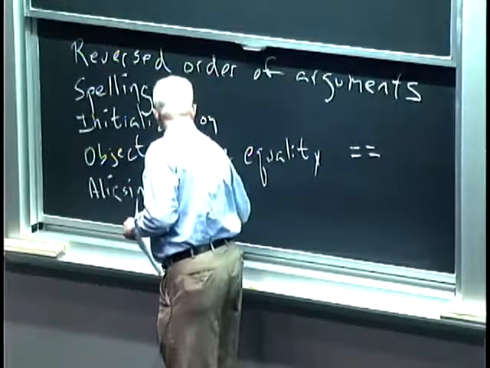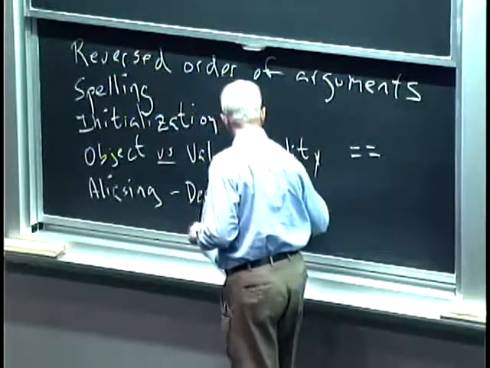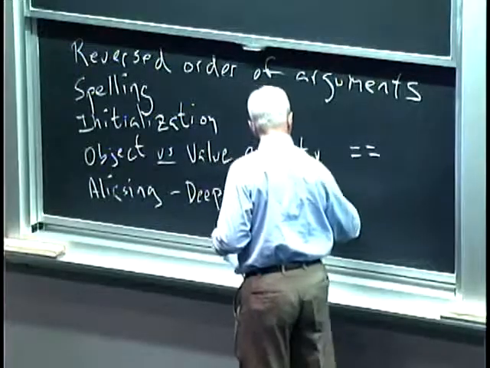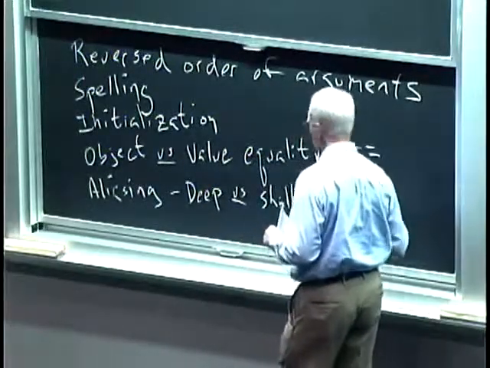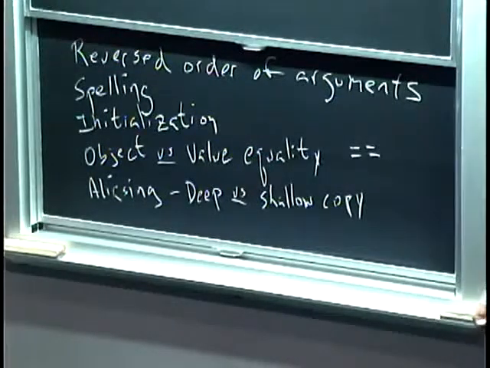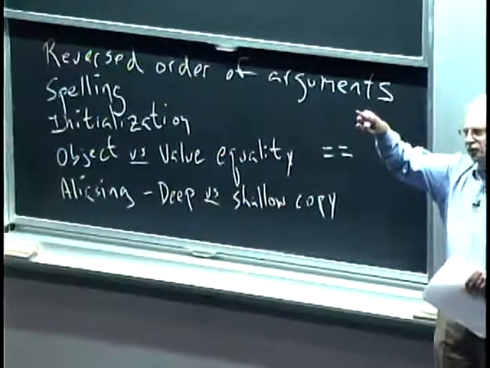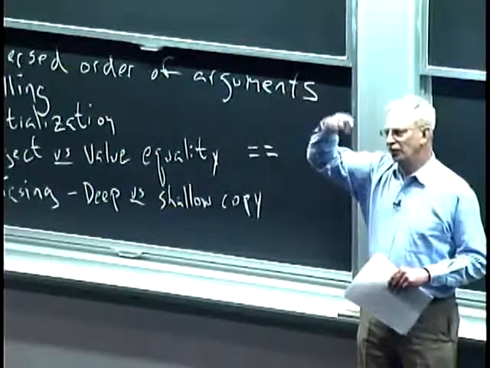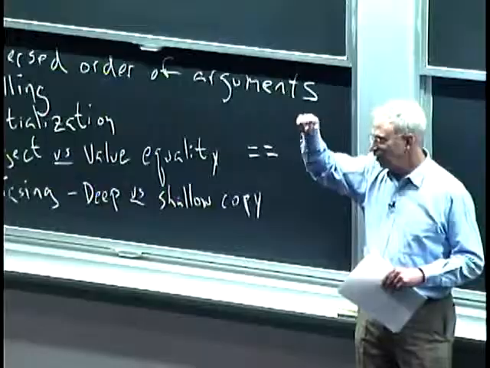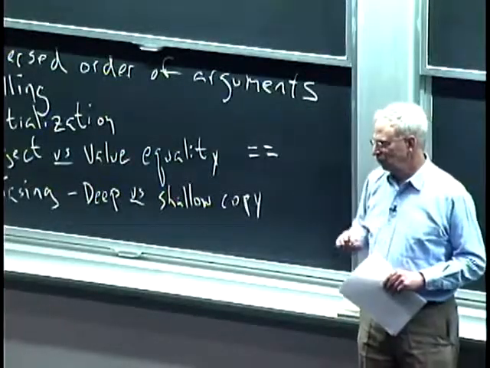A particular instance of that is deep versus shallow copy. When you decide to make a copy of something like a list, you have to think hard about, are you only copying the top level of the list? But if it's, say, a list that contains a list, are you also getting a new copy of everything it contains?